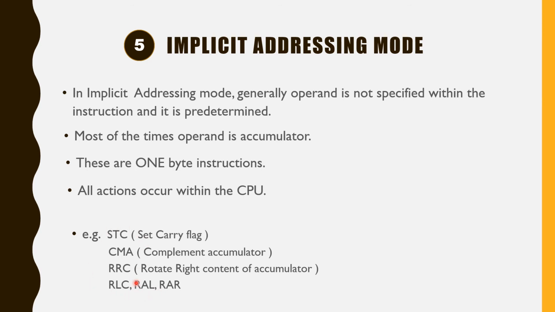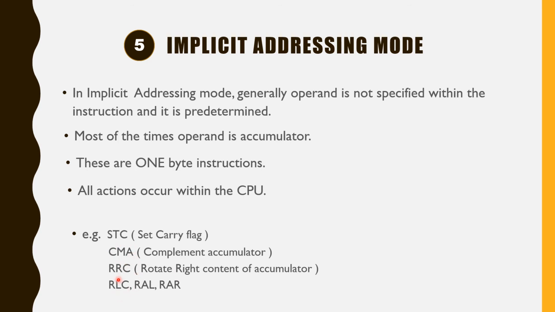Now implicit means what? Only a particular thing is affected, no other operand is specified, then it is called an implicit addressing mode. Most of the time, in this addressing mode, a logical group of instructions comes, or most of the time the accumulator is the operand.